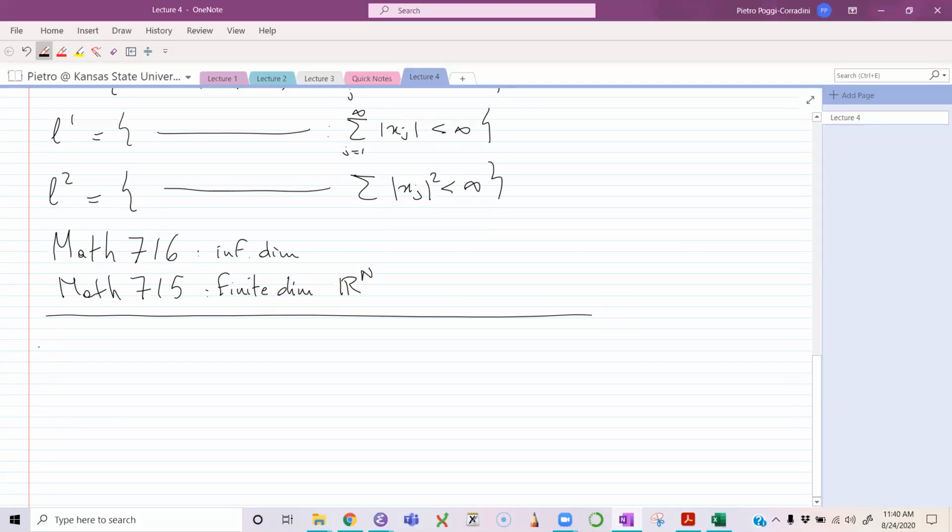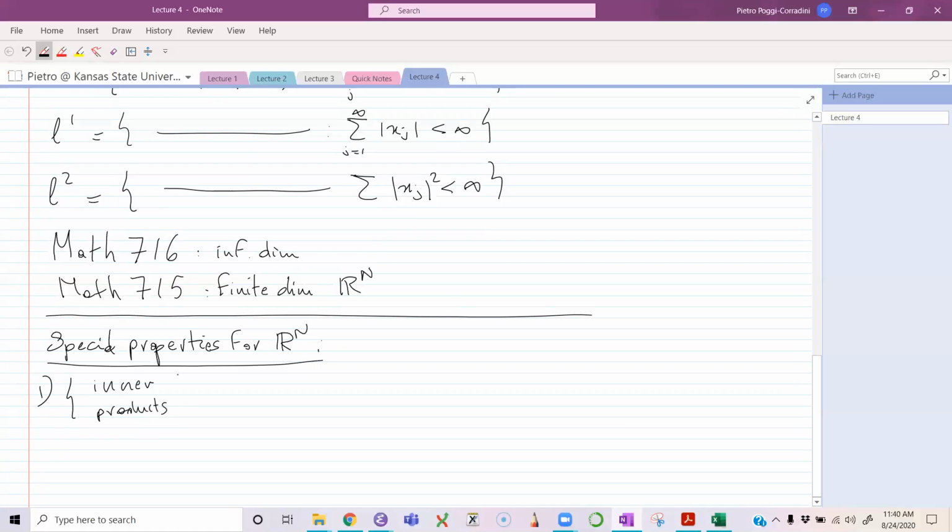The first special property is that inner products on Rn are in one-to-one correspondence with symmetric positive definite matrices.